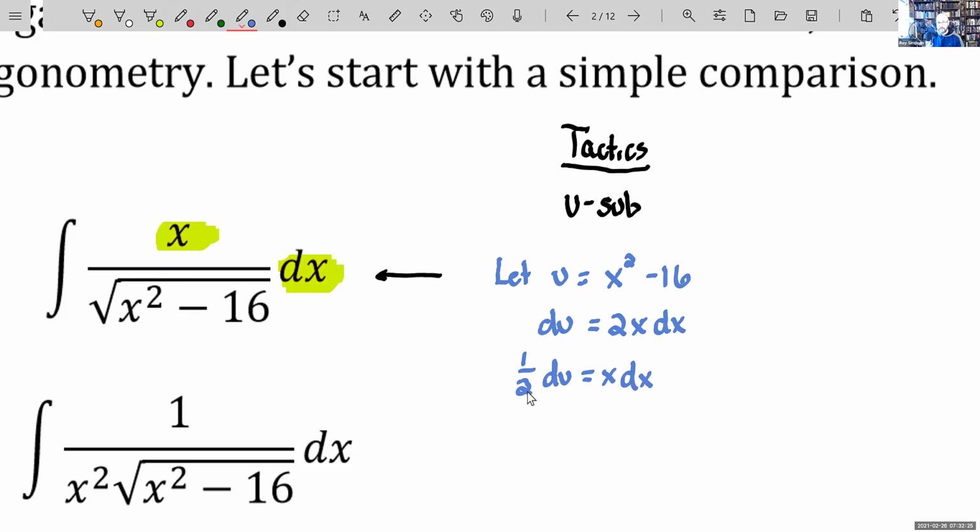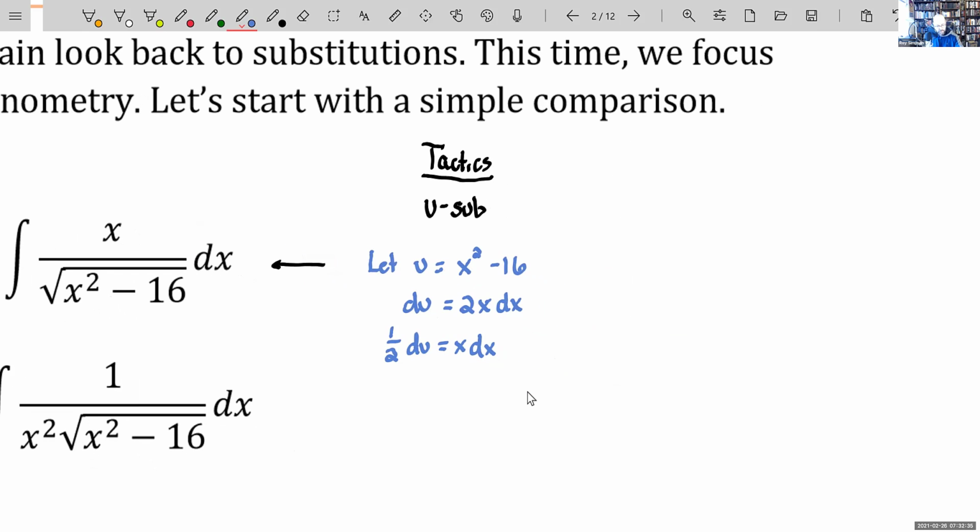Very, very nice substitution. And here's where I really am going to showcase a very nice alternate substitution in a moment. But let's go ahead and finish this problem out very quickly. So our integral becomes, let's see, I'm going to trade out that dx for a du times 1/2.